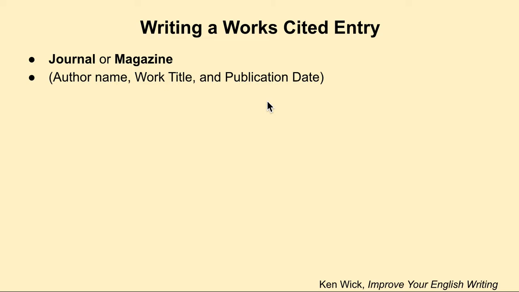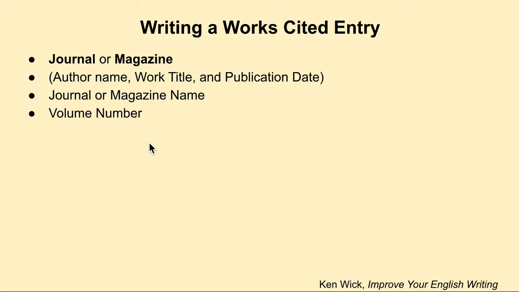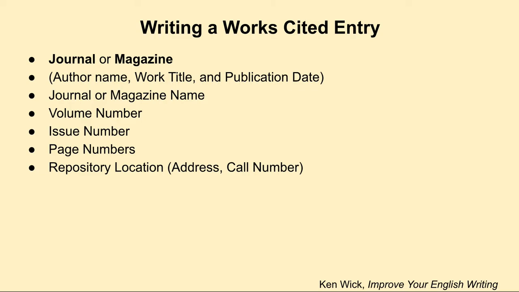They're basically the same: the journal or magazine name, the volume number, the issue number, the page numbers, the repository location if it's a limited access item, and the DOI or URL, and the website name if necessary.